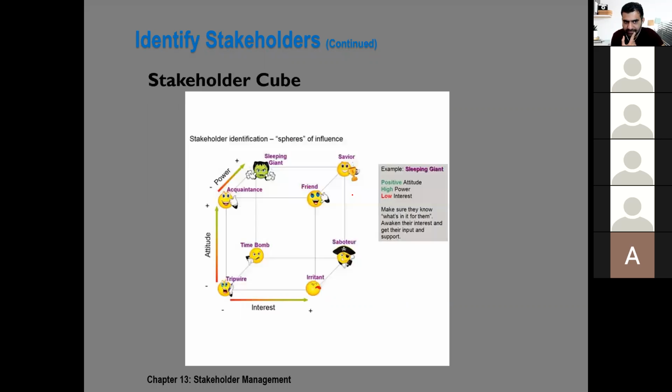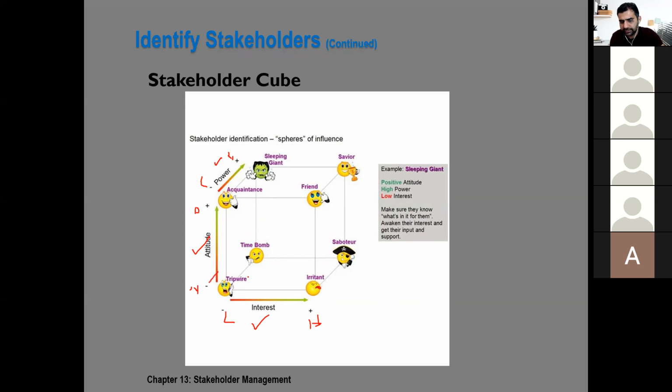Then there comes our next technique, that is stakeholder cube. It includes 3 bits: power, attitude, interest. High or low power, positive or negative attitude, high or low interest.